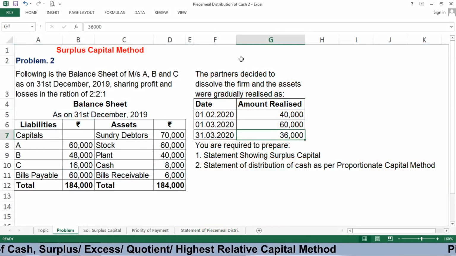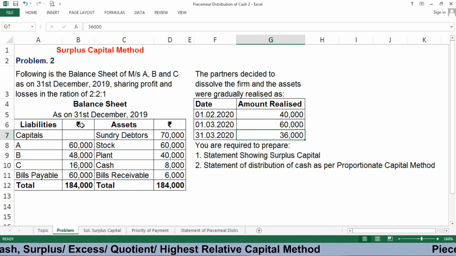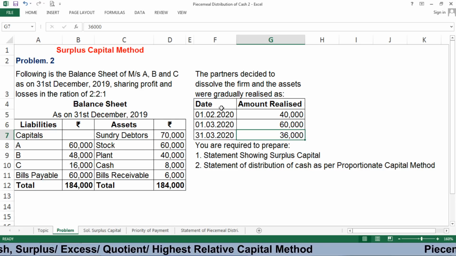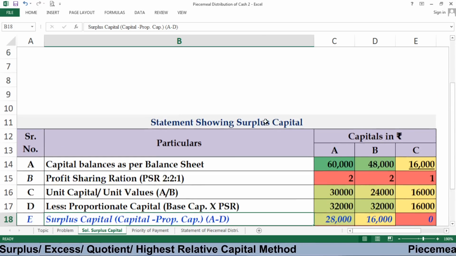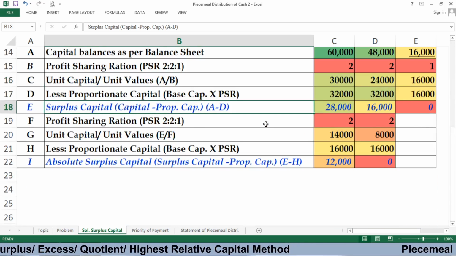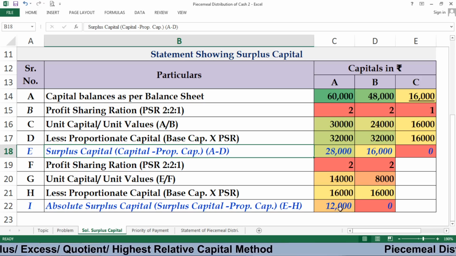First of all, we saw the balance sheet of the partners, their liabilities and assets, with the realization amount. Then we prepared a statement of personal surplus capital, that is the surplus of Mr. A, B and C. We found the absolute surplus of 12,000, and the surplus of Mr. A and B as 28,000 and 16,000.